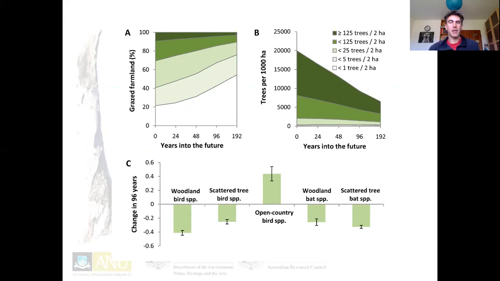We're expecting that those bird species using open areas, meaning areas without trees, will increase substantially, but that's not very many species. The woodland bat species, same thing, they will decline, and the scattered tree bat species also will decline based on their associations with those environments, which in turn are changing through time.